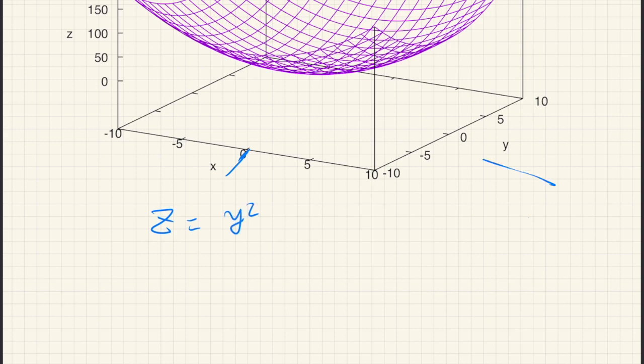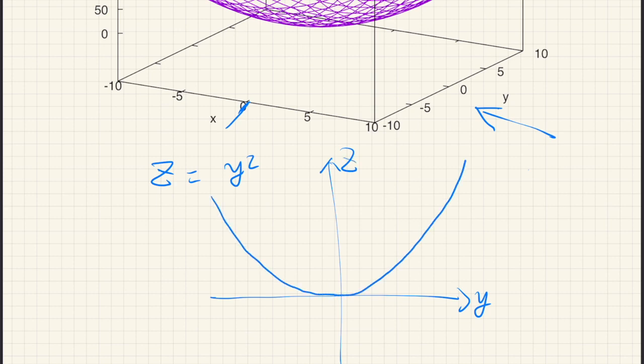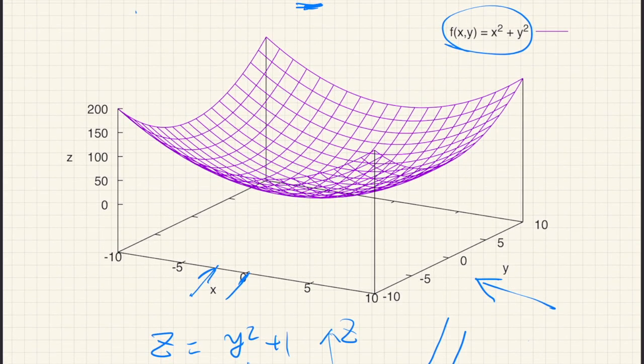So if you look from this direction, the graph of y and z looks like this. And if you change the value of x to, for example, -1, it will be y squared plus 1. Then it will look like this. Yeah, the difference is 1. And so on. And so as a whole, the graph looks like this.